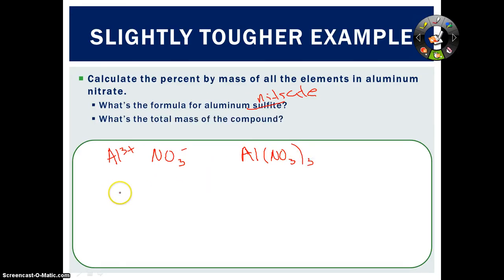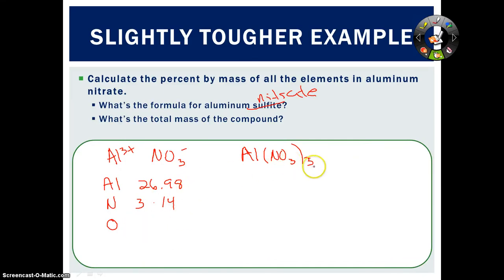Now I need to find the molar mass of this compound. I have aluminum, nitrogen, and oxygen. We have to add up all of the elements together because we don't know the molar mass of a nitrate. Alright, so aluminum from the periodic table, 26.98. And I have 1 aluminum. I have 3 nitrogens because 1 times 3 is 3 nitrogens, and each of them is 14 grams per mole.